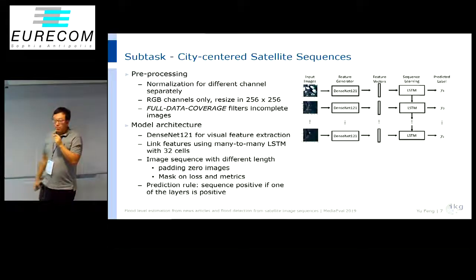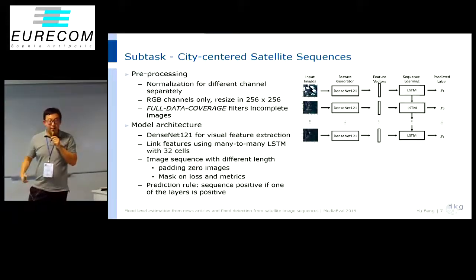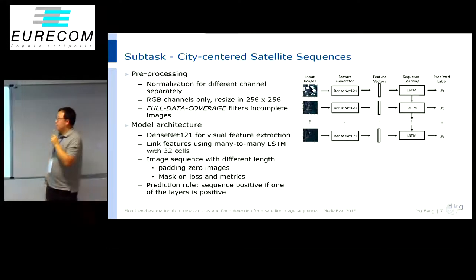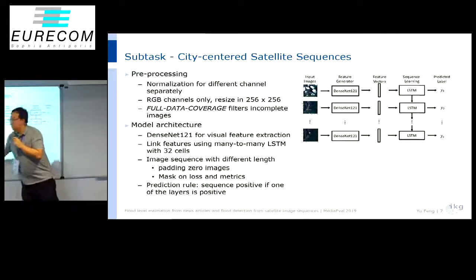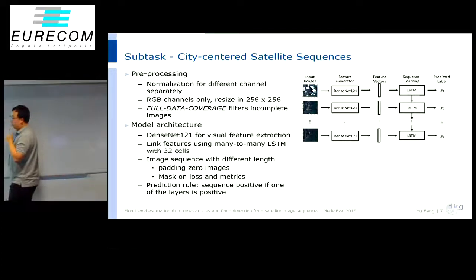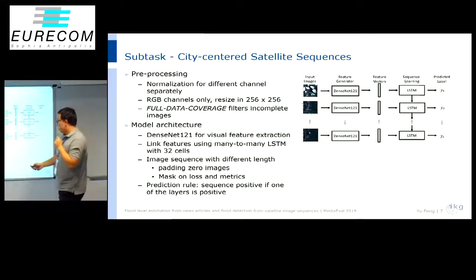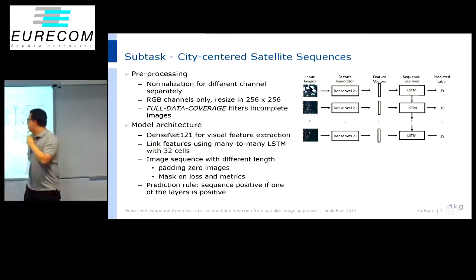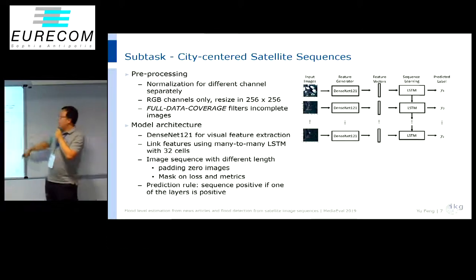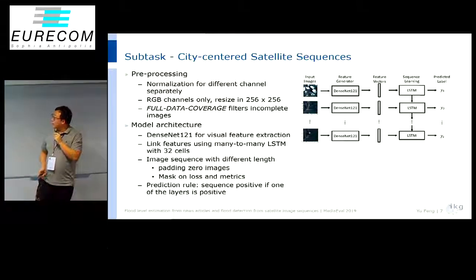In this case, we may suffer some problems, such as image sequences not having the same length, so we padded with zero images and created a mask. We also use this mask on our loss and metrics to eliminate the influence of the padding. We do the prediction for the sequence as positive if one of the layers is positive.